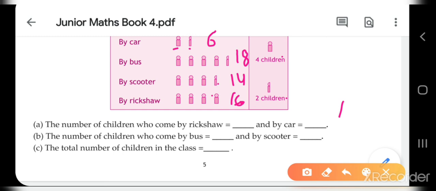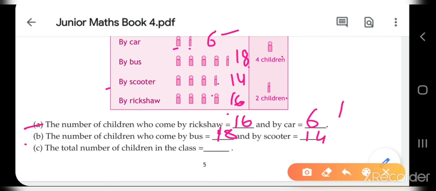So question number 1: the number of children who came by rickshaw is equal to, how many children come by rickshaw? 16, and by car will be 6. Again the number of children who come by bus will be 18, and by scooter 14.